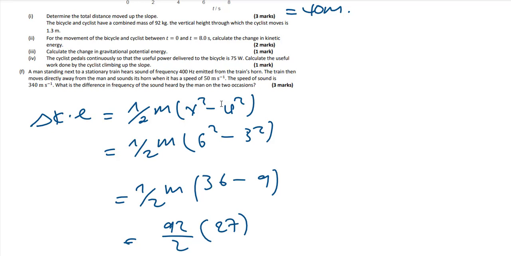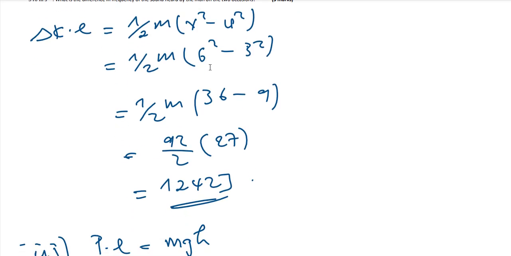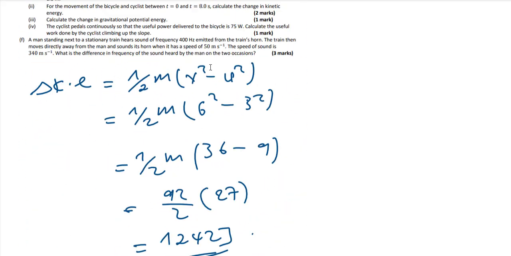Then Roman 4. The cyclist pedals continuously so that the useful power delivered by the bicycle is 75 watts. Calculate the useful work done by the cyclist in climbing the slope. Since the rate at which work is done, which is the power, is W on T, it means W will simply be equal to PT.